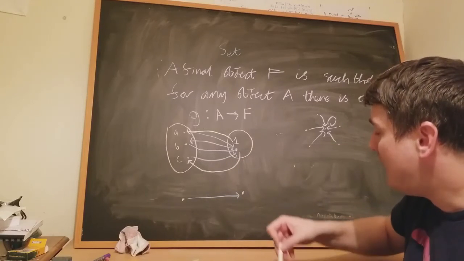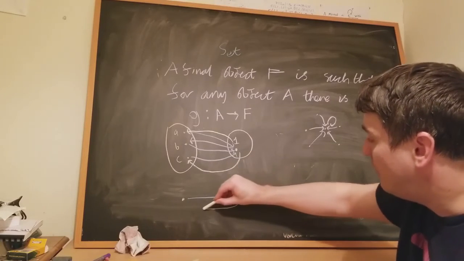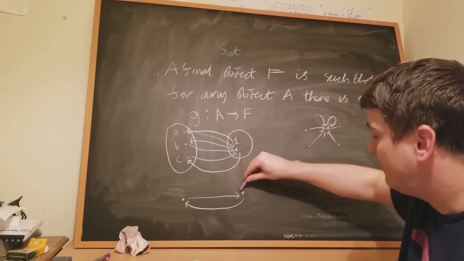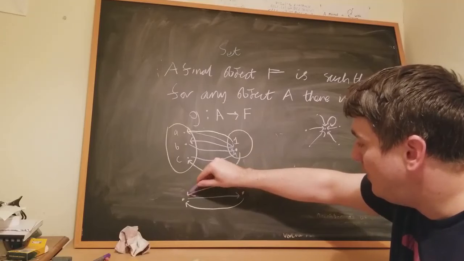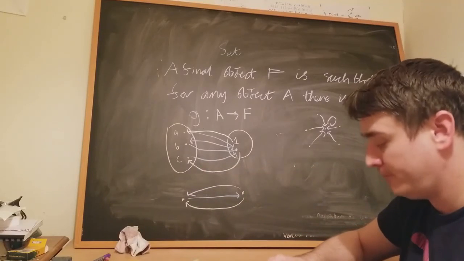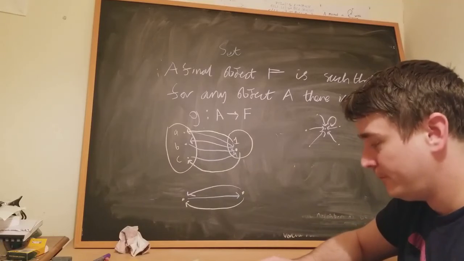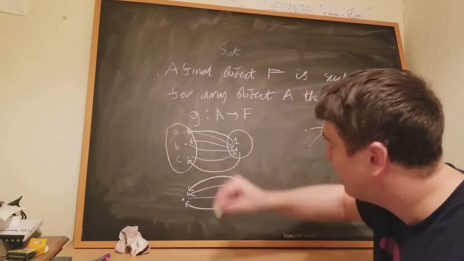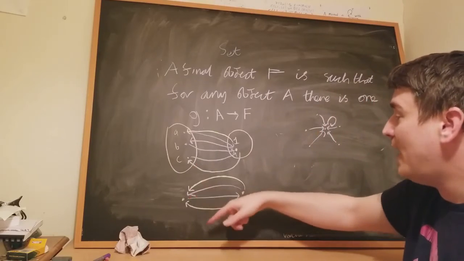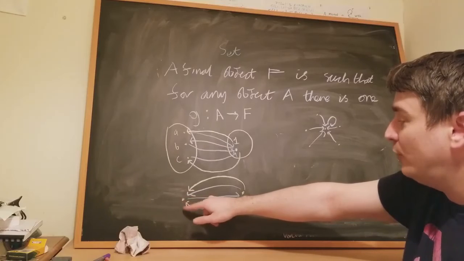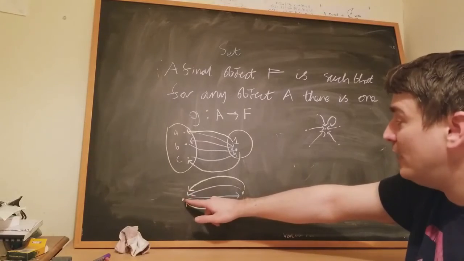But there are three arrows going from this final object to this object on the left here. And so by just looking at the arrows, we can then say, hey, this must represent a set which has 3 elements.